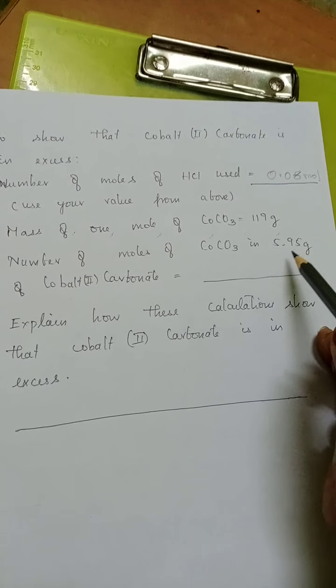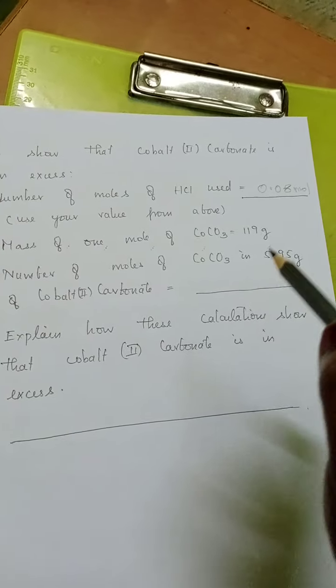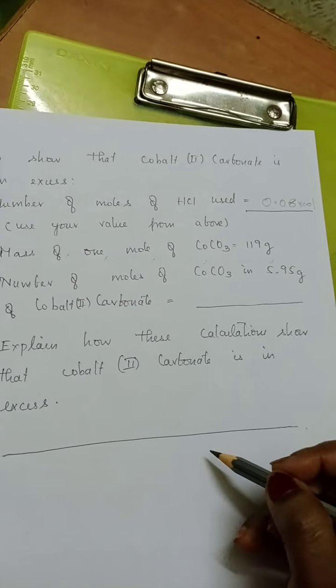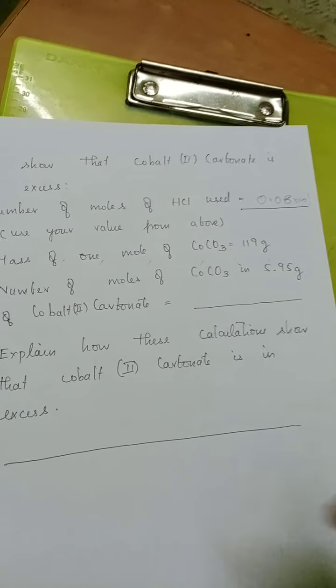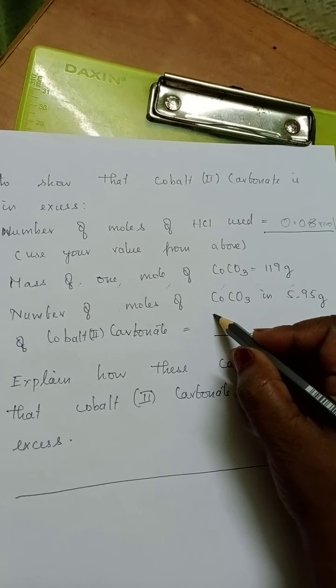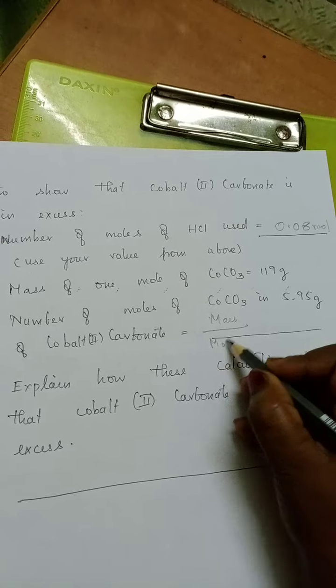Now, the number of moles of cobalt carbonate in 5.95 gram of cobalt 2 carbonate. What is the number of moles of CoCO3 present in 5.95 gram? How will you calculate this here? To find the mole, what is the formula? Given mass by molar mass, right?